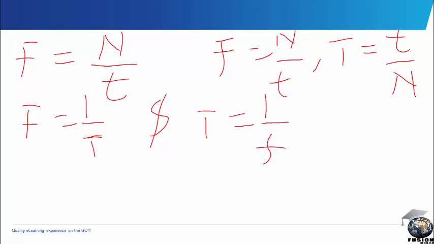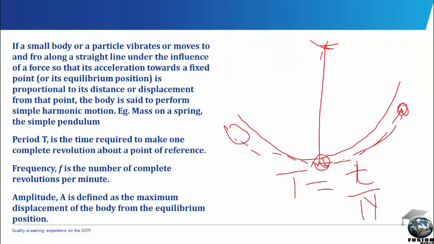We can discuss further on linear distance. Let's talk about angular distance first. Angular distance is the angular difference created by the body undergoing simple harmonic motion, while linear distance is the linear difference, which can be measured on the circumference, made by the body undergoing simple harmonic motion, and both are related.